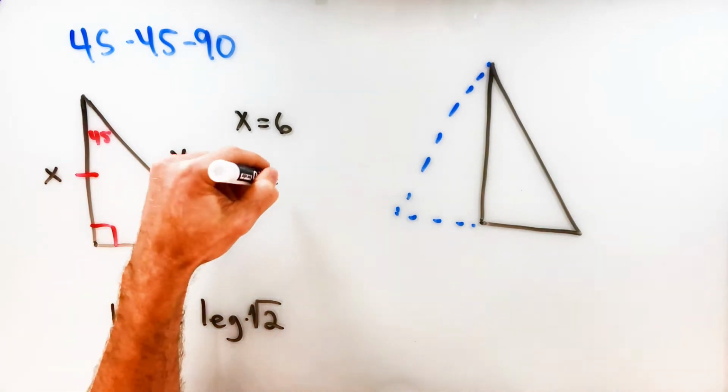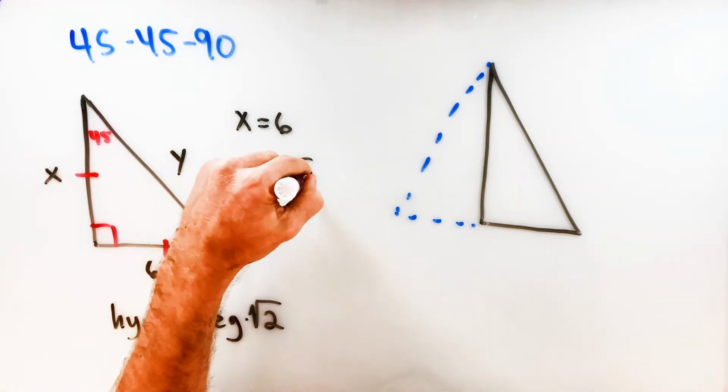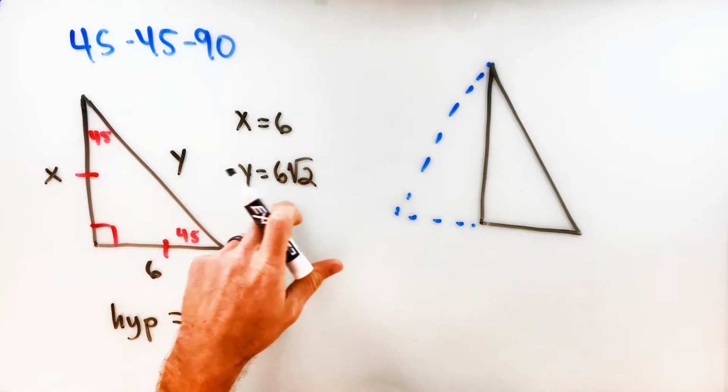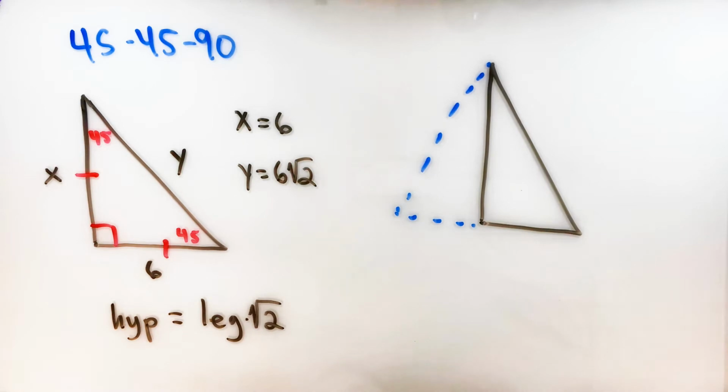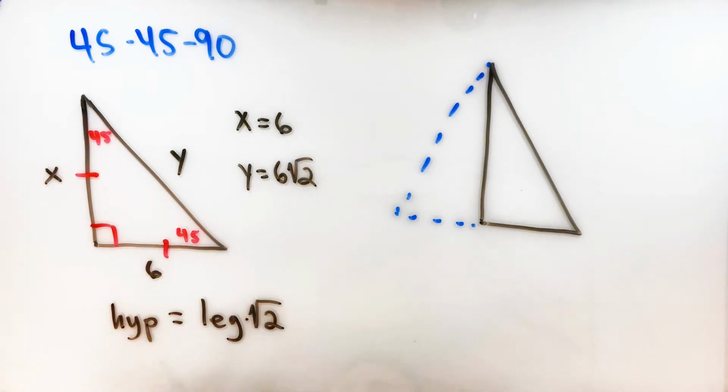You take the leg, 6, and multiply it by the square root of 2. You can get a decimal if you want to type it into your calculator, but an exact answer in this case, we're going to leave it as 6 times the square root of 2, and that's it. So we've got all 3 sides, we've got all 3 angles, we have solved that right triangle, 45, 45, 90. With this rule, hypotenuse is equal to the leg times the square root of 2, it's really all you need.